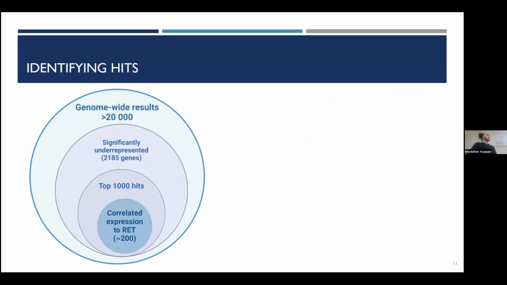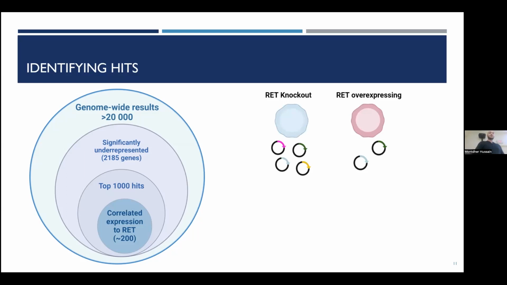And now into the results of the genome-wide screen. To identify hits from the screen, we started with over 20,000 candidates from the genome. The first step was to identify the ones that were significantly underrepresented, so the ones that were shown to be lethal only in our RET overexpressing cells, meaning they had dropped out selectively in those cells.